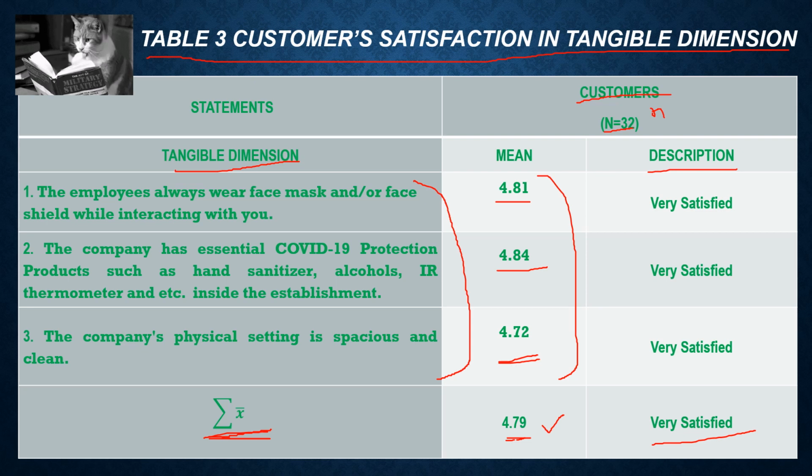So this is the table for Table 3. You can also make tables for the other dimensions of service quality, such as empathy, responsiveness, and so on.